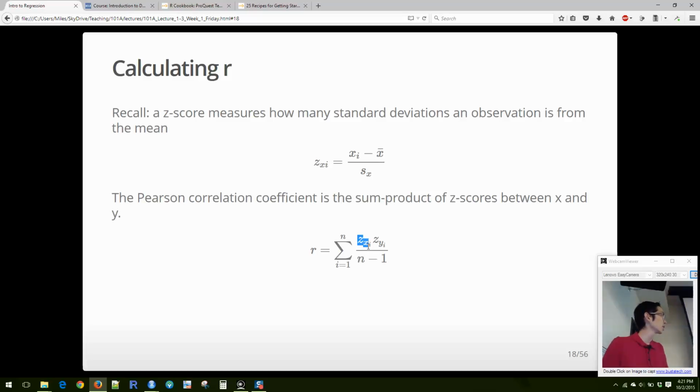Effectively, you're taking the z-score for x and the z-score for y. So we're asking, is x above the mean? Is y above the mean? Or is x above the mean and y below the mean? How much above the mean, and things like that. So we are adjusting these things, and this gives you the correlation coefficient R.